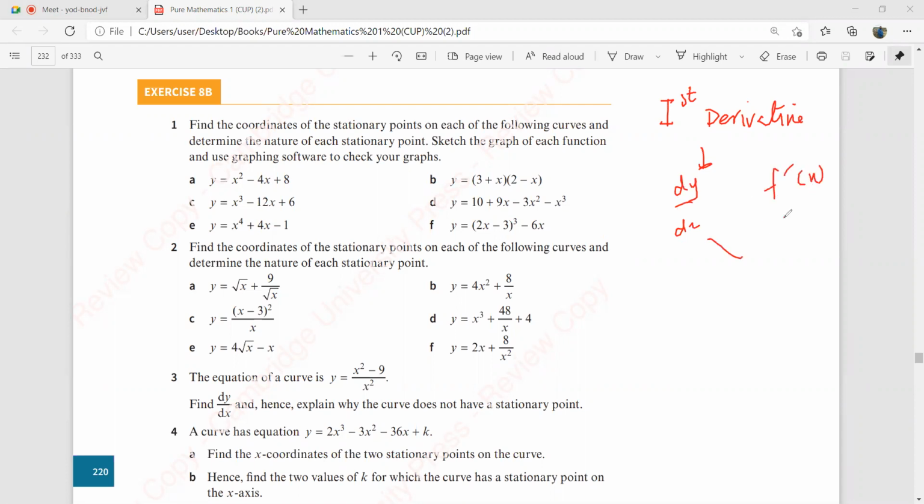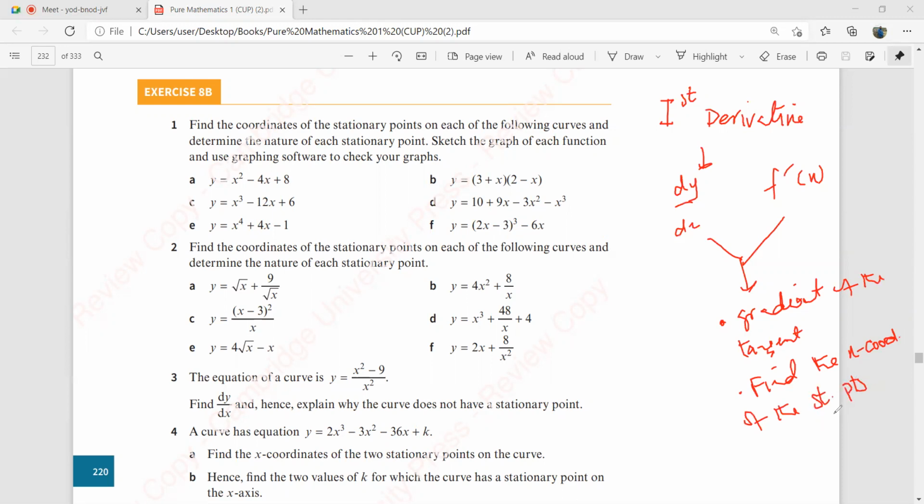This first derivative gives us the gradient of the tangent or the curve, okay? And secondly, it helps us to find the x coordinate of the stationary points, we call them the turning points.